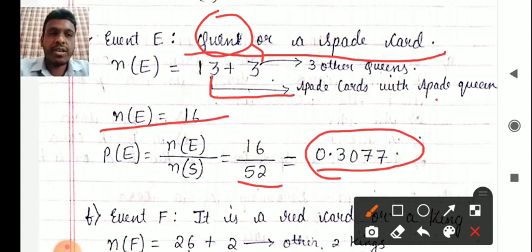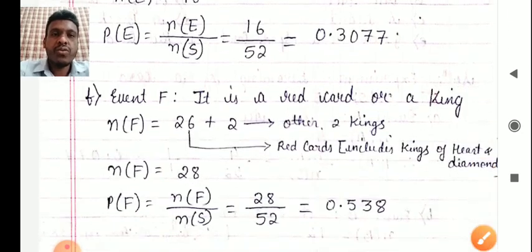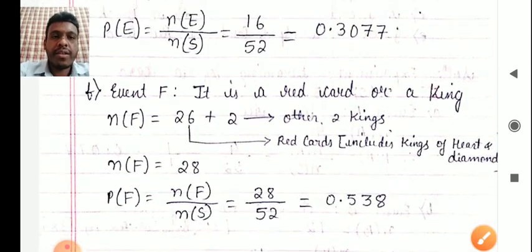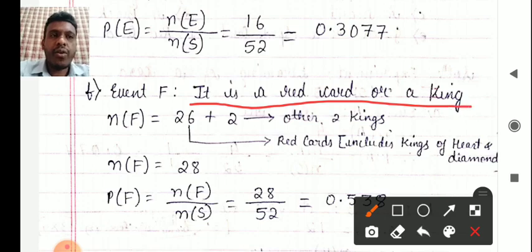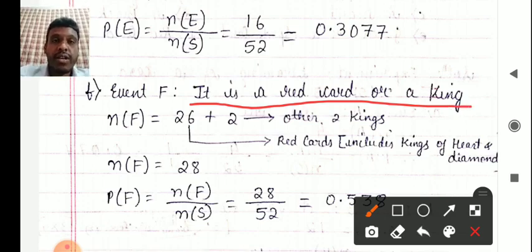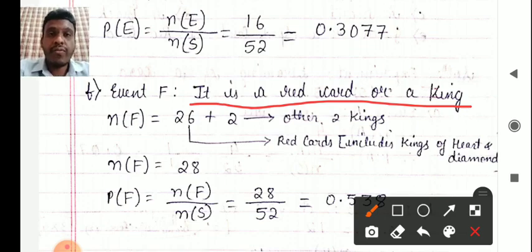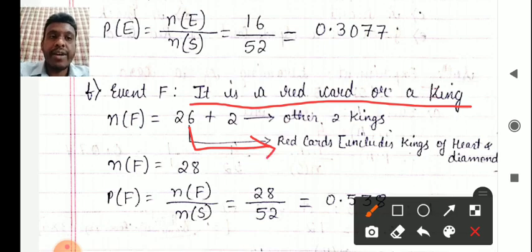If you understood, it is similar to this one, E. So F part. Okay, what is F part? Event F, it is a red card or a king. So similar to the previous section which we have solved, n of F, what is the number of items in set F? It is a red color card. So how many red color cards do you have? It is 26. Red cards are 26.